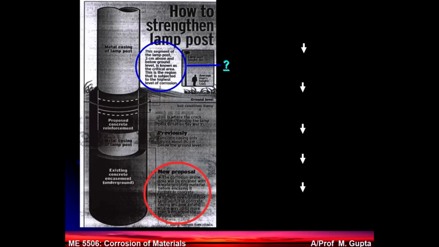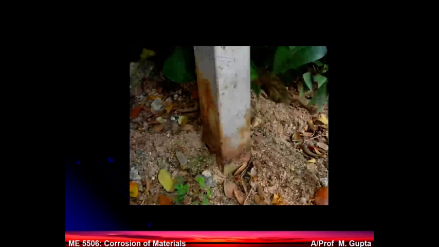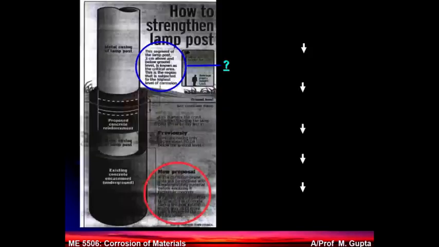So this is exactly the sequence of events which happened. I don't have that sequence of events here, but that is essentially what happened. Step number 1, you have the uniform corrosion of zinc.